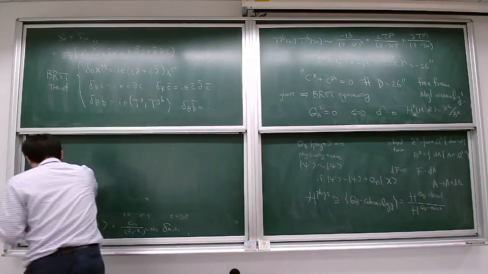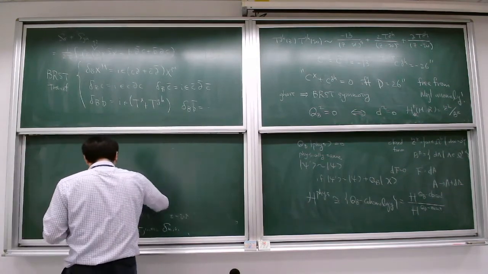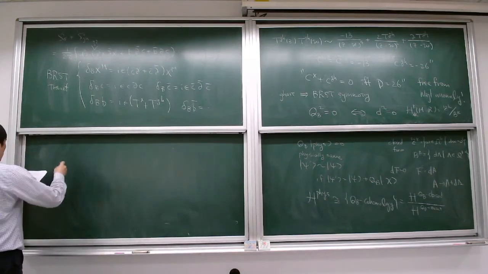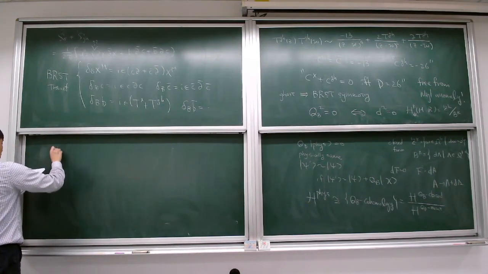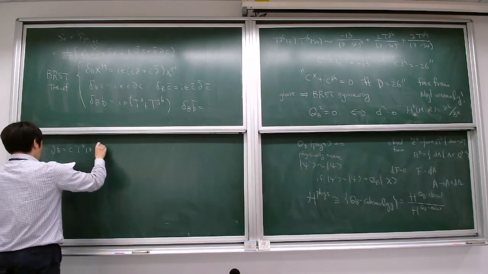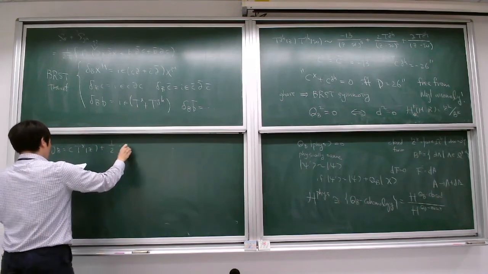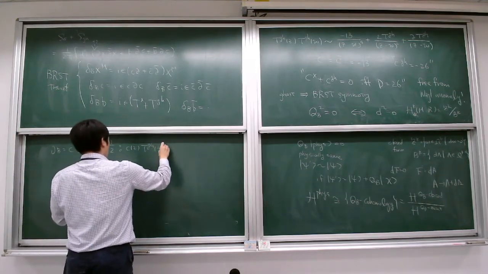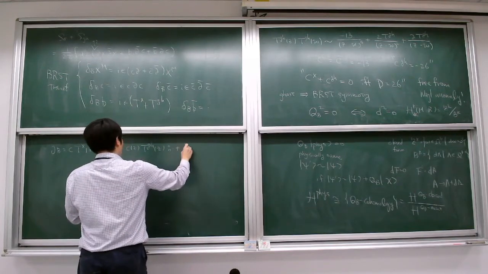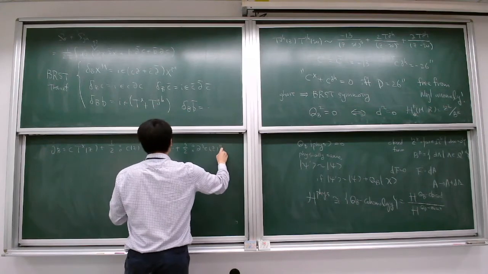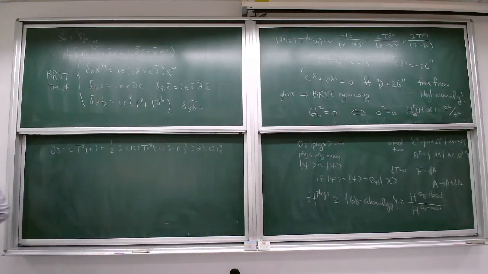And in fact, I think the Noether current of this symmetry is given as follows. j_B is c T^x of c plus 1/2 bc dot c of z plus T ghost of z and plus 3/2. So this is the Noether current, a holomorphic one.